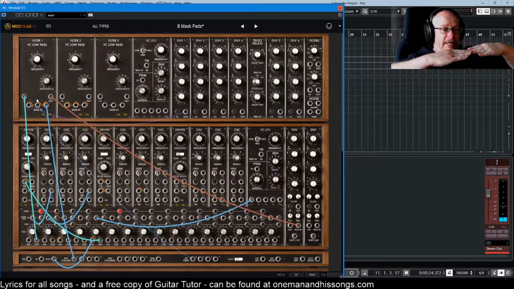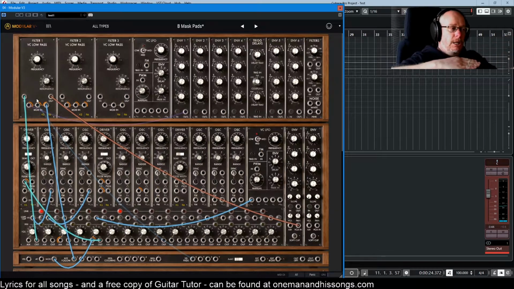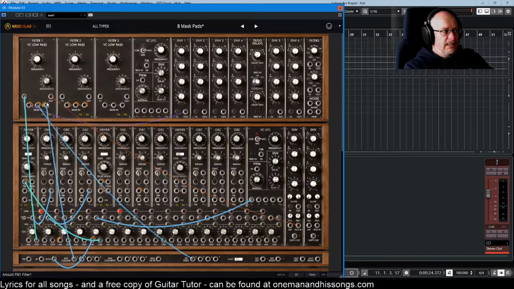Because ordinarily, key follow below the center point note is going to attenuate an effect, but in this case the modulation source is inverted because we have a negative adjustment to the modulation amount, just to mess with our heads, I think.